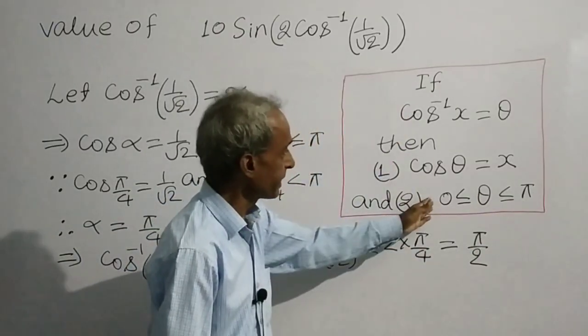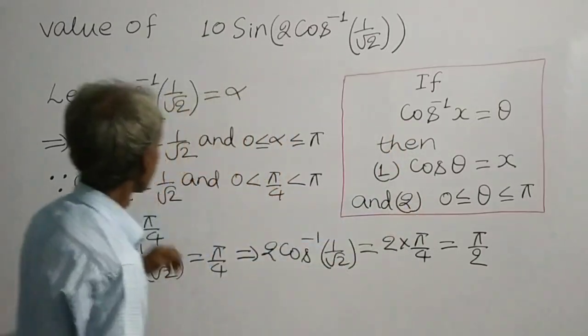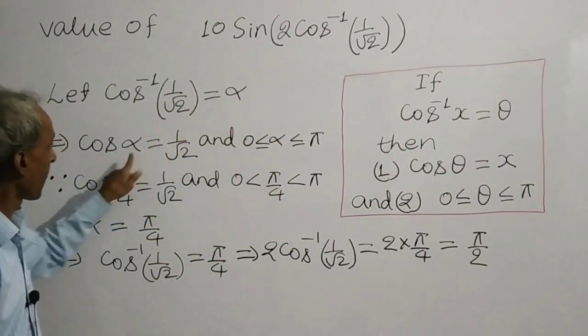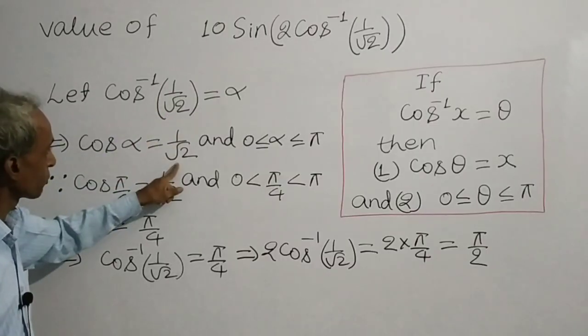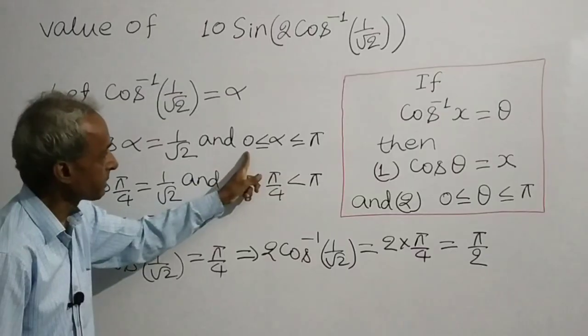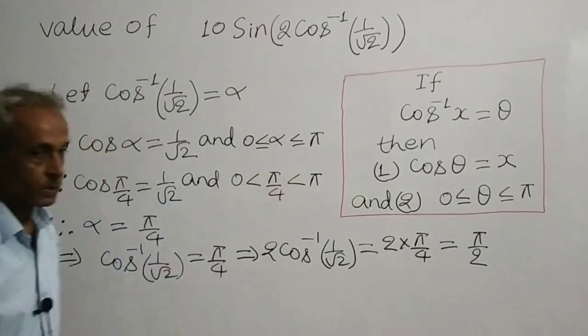By using this formula, here we can write cos alpha is equal to 1 by root 2, and alpha lies between 0 and pi.